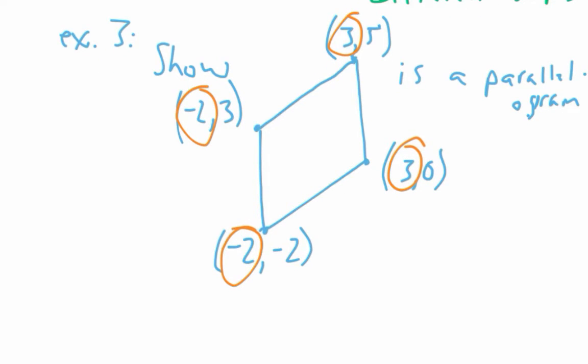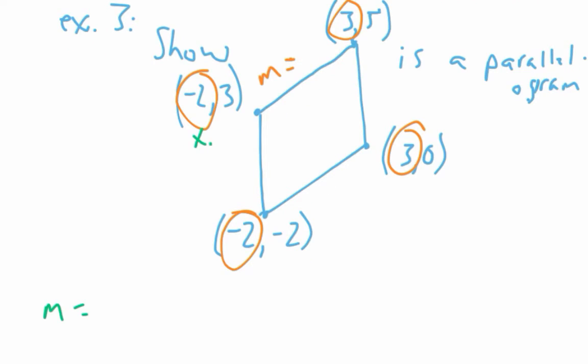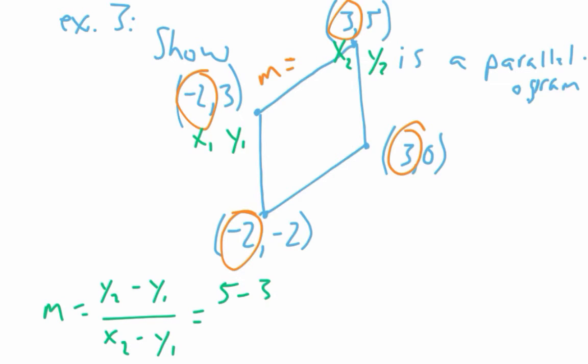Should I work through and get the slope? I'm going to say this here's my x1, y1, x2, y2. So you could go through and do it like before. So we'd have a 5 minus 3 over 3 minus a -2.